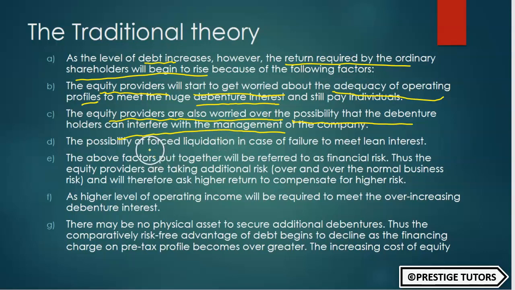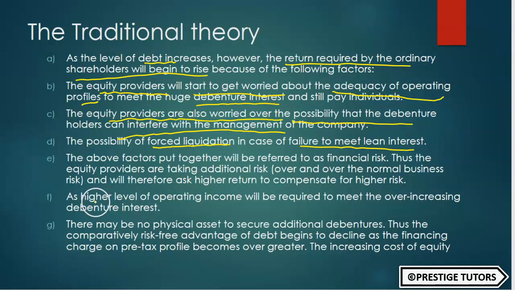So they will be worried. Then there's the possibility of forced liquidation in case of failure to meet interest. Once you fail to meet interest on debt, the creditors can come in and say we want to take over the company. So equity holders are worried.